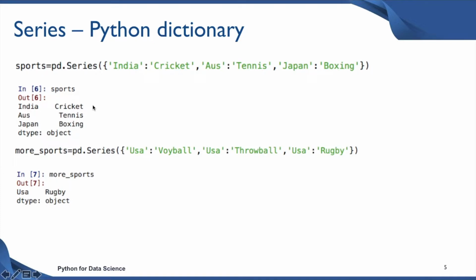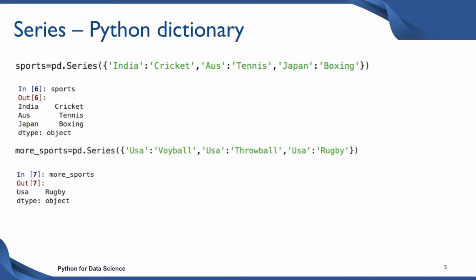Okay. And now here, if I have in the dictionary duplicate indexes, duplicate keys, here you can see that USA is your duplicate, right? So as per the definition of dictionary, we cannot have duplicate keys in your dictionary, right?